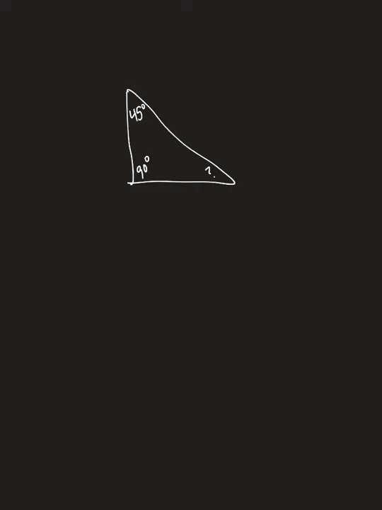Okay, well, in every single triangle, there is 180 degrees inside. And I'm going to show you how that is true. So in this triangle right here, I have 90 and 45. So what I'm going to do is add those up. 90 plus 45 gives me 135.